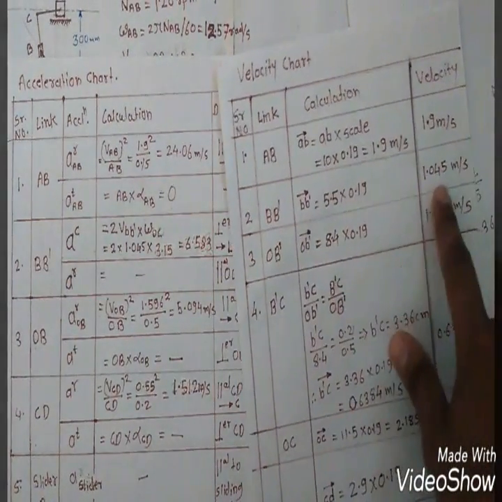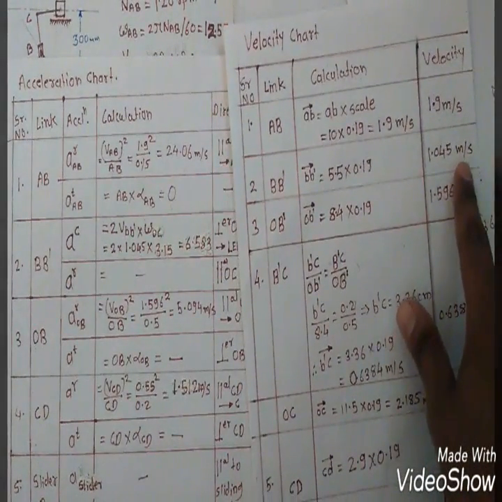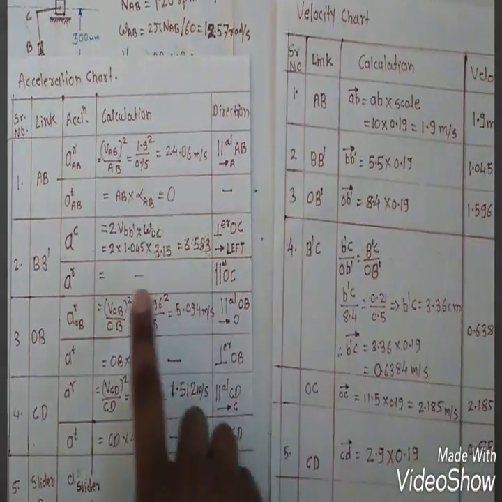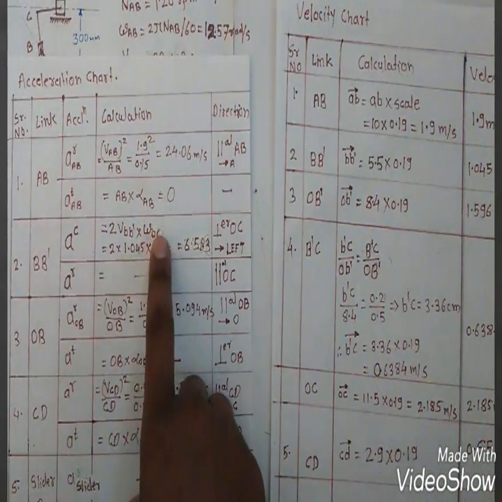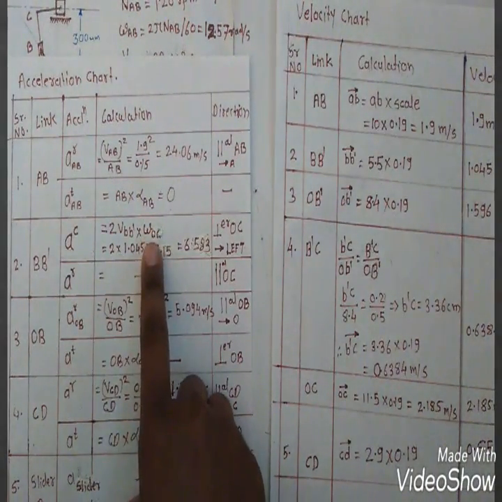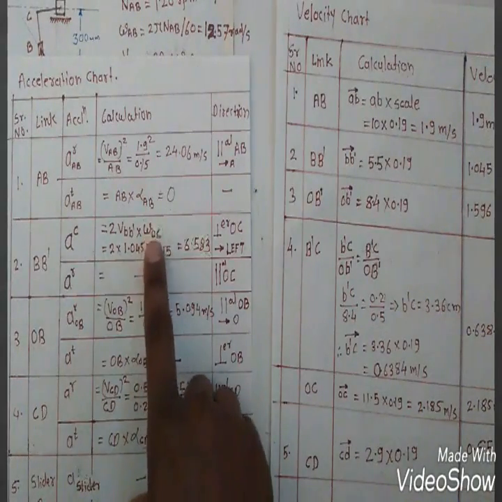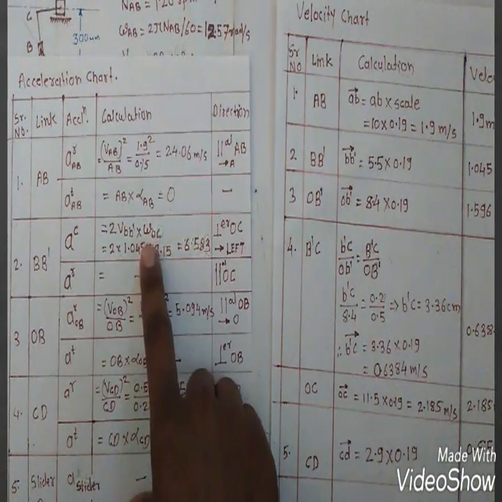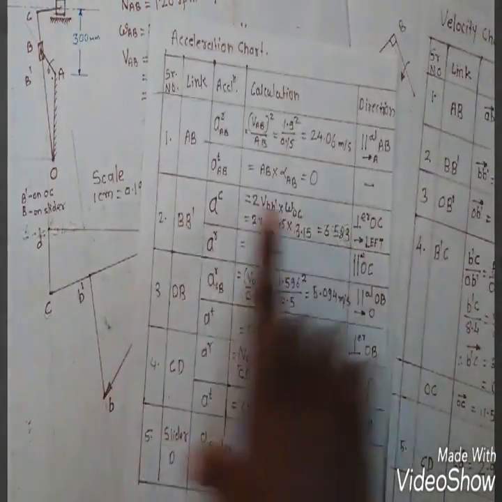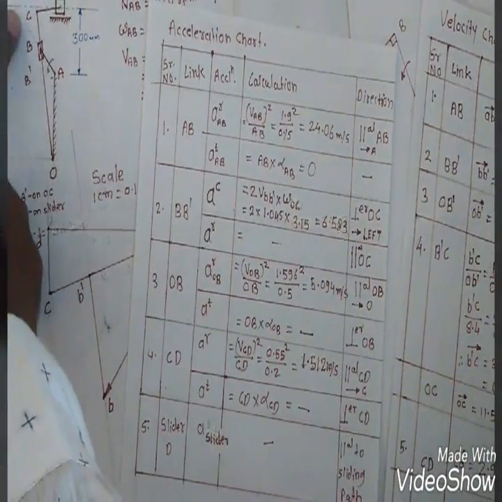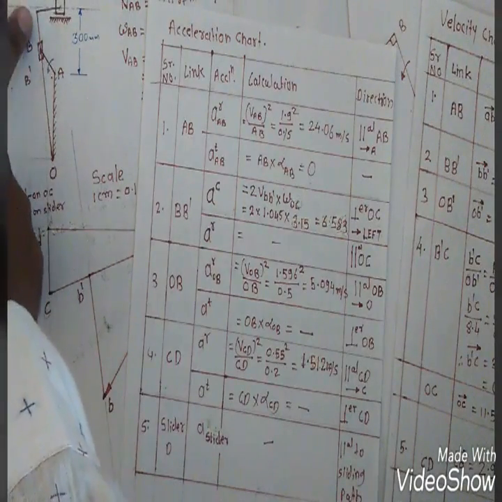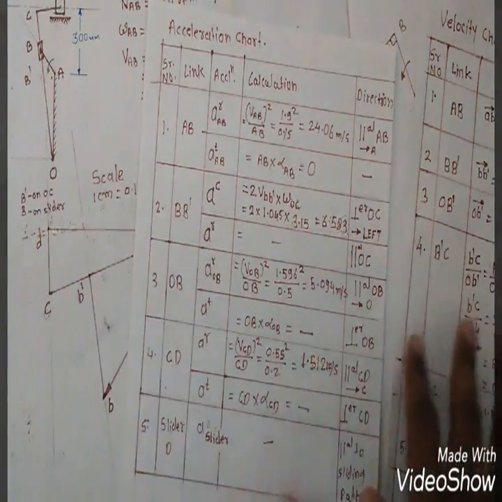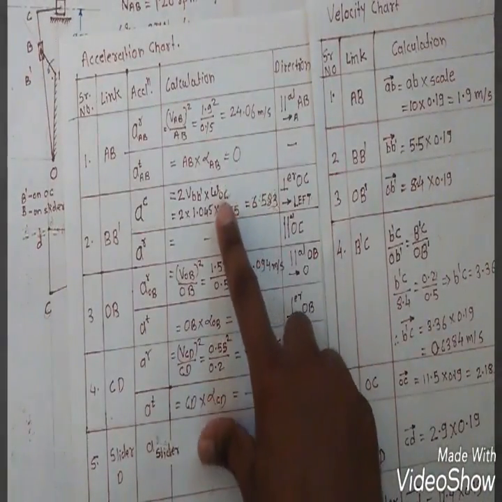B B dash is 1.045 meter per second, taken from the velocity chart. And omega OC is the angular velocity of the link on which the slider is sliding. The slider is sliding on link OC, therefore the angular velocity of OC is taken, omega OC.